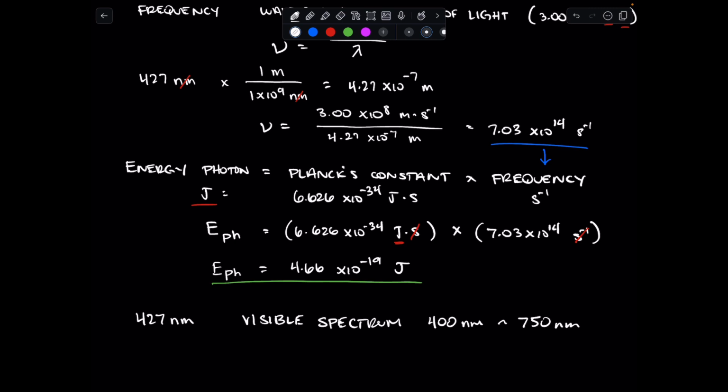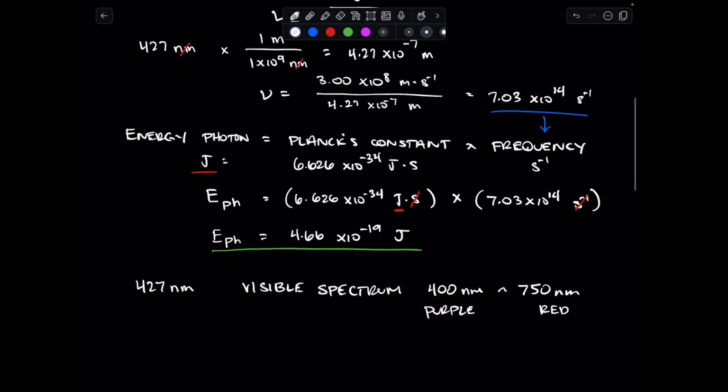On the far left is going to be our purple or indigo color, and on the far right is going to be our red, close to black color. Because we're at 427, we're very close to this purple side. We know that this should emit a color that is very similar to purple. Some might call it indigo. So we will just say that 427 nanometers should be about purple/indigo.